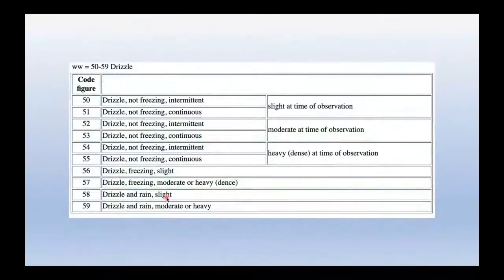Just to break it down or show how these work, for the drizzle categories, 50 through 59, we've got intermittent or continuous, slight, moderate, and heavy. We've got freezing, moderate, and heavy drizzle, and drizzle combined with rain, moderate and heavy. So these are all fine distinctions that are being made by those different codes.